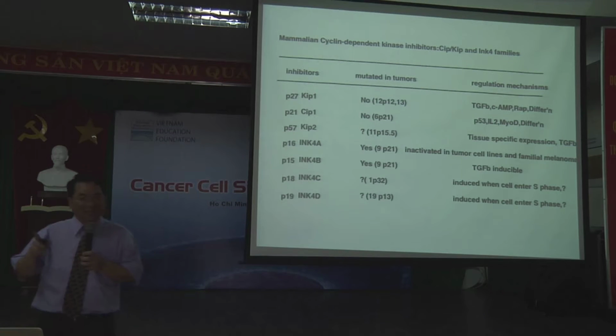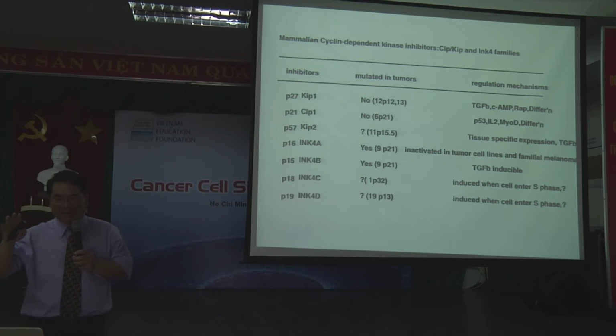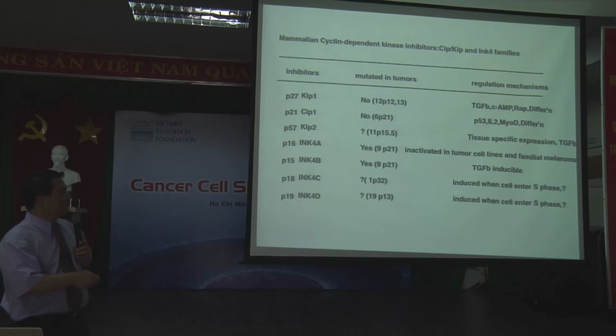But actually, the defect is not at the gene level, it's at the protein level. I will tell you the story of how the cancer cell has the capability to inactivate the protein's biological function. So this is just to share with you.